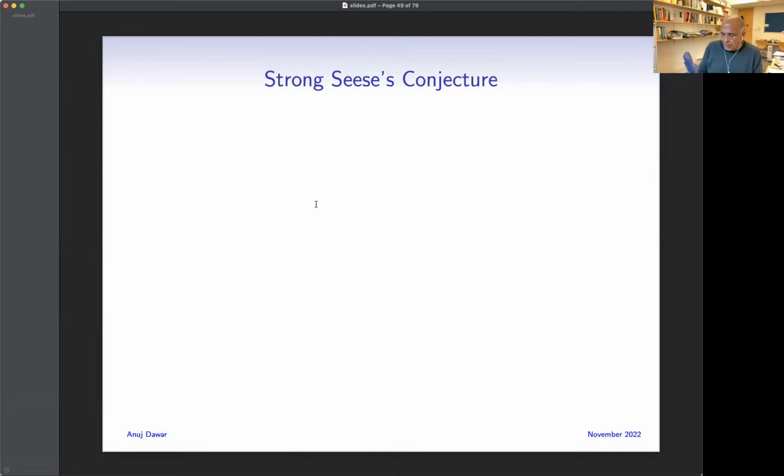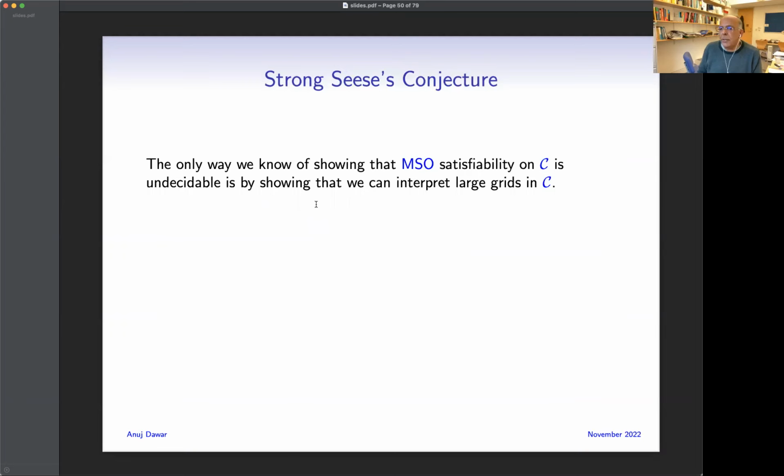I'm going to strengthen this conjecture a bit, because Seese's conjecture really says that the only way to get decidability is if we can interpret the class in the class of trees. Turns out the only way we know of proving undecidability is by showing that in the class we can interpret large grids, right?